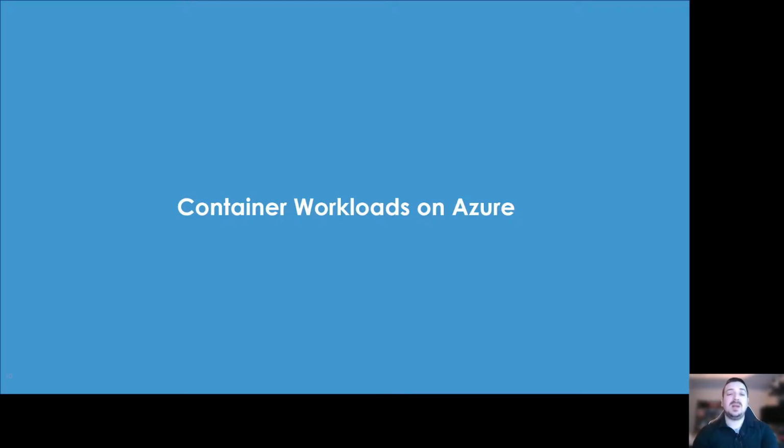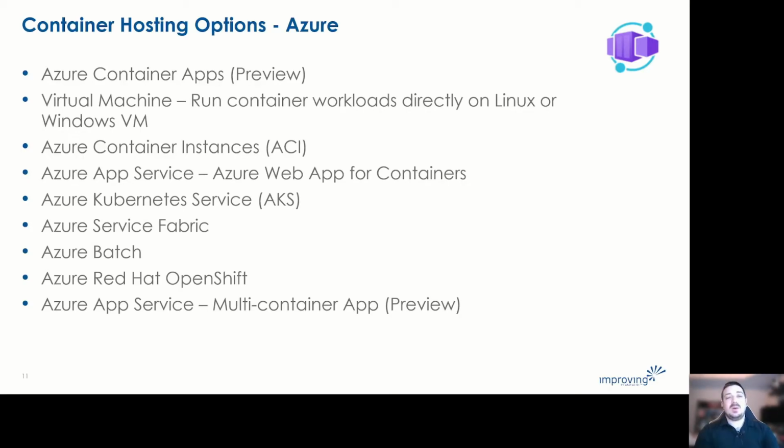So let's talk about running container workloads on Azure. There are lots of container hosting options within the Azure cloud. Azure Container Apps, obviously we're talking about it today, but you could also do this natively on virtual machines. So run container workloads on a Linux or Windows VM. Again, complexities there.